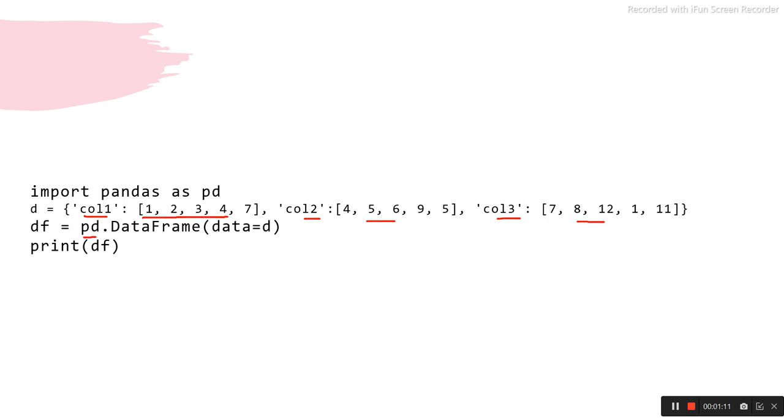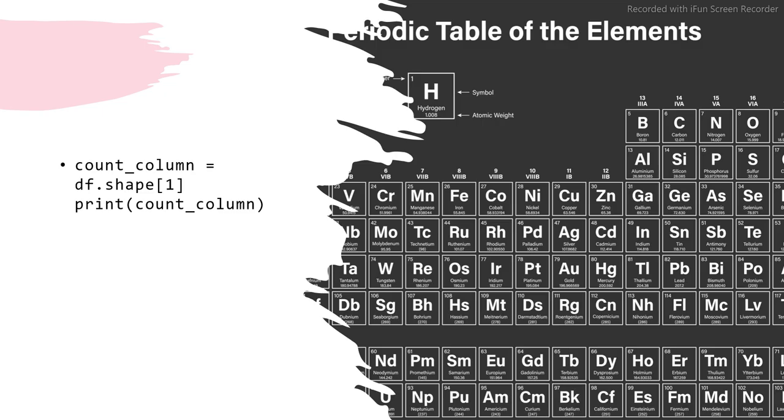pd is the short name for the pandas object, and pd.DataFrame, I am supplying this data d here, data equal to d. With this data it will create the data frame, and it is stored in the variable called df. Now I am going to print this data frame, so your output will be like this table.